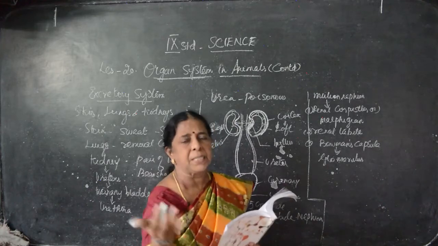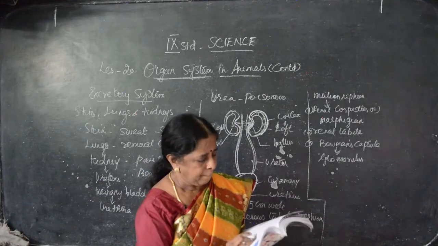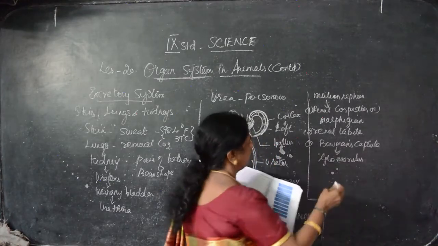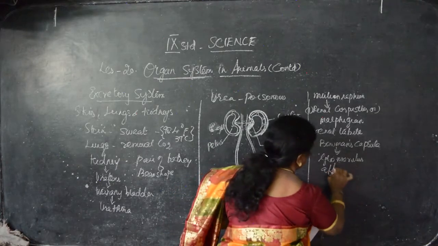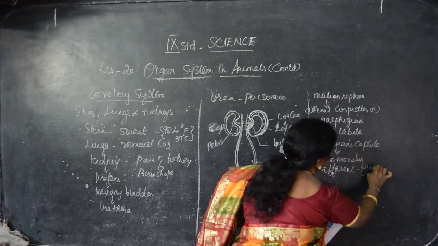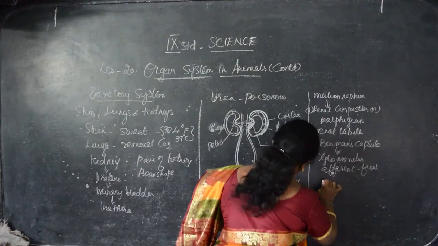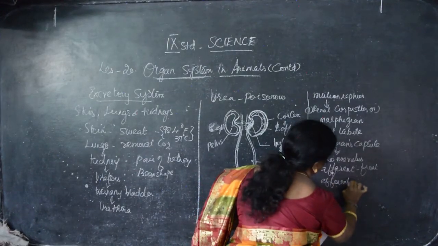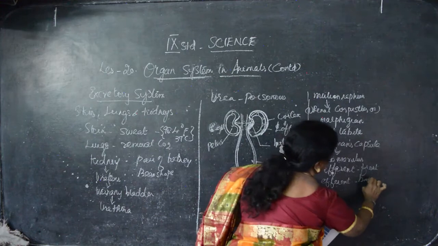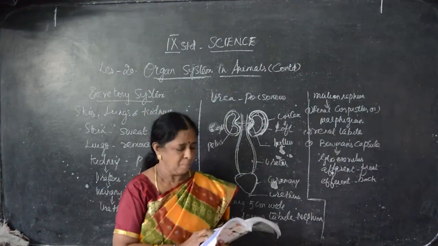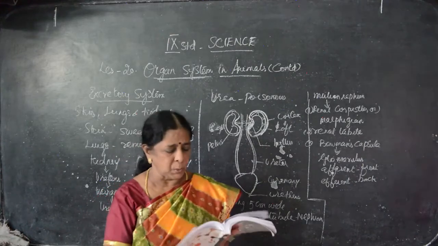Afferent means front, efferent means back. This is the front position of the kidney. This is the back. Blood enters through that.